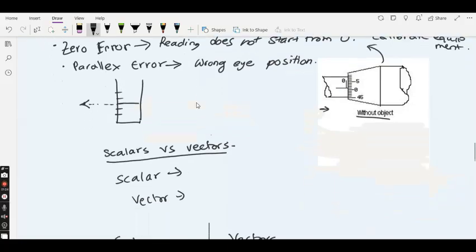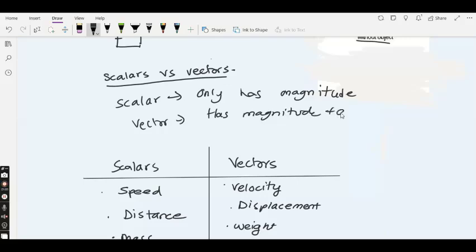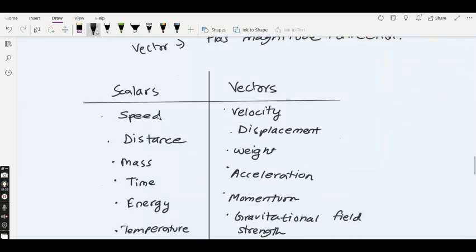Okay, now let's move on to the two types of physical quantities, scalars and vectors. So the scalar quantity is something that only has a magnitude. And the vector quantity also has a magnitude and a direction. For example, let's look at some scalar and vector quantities.